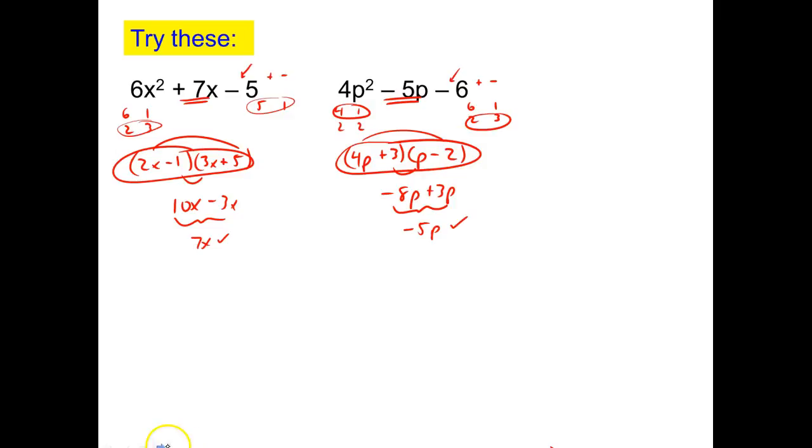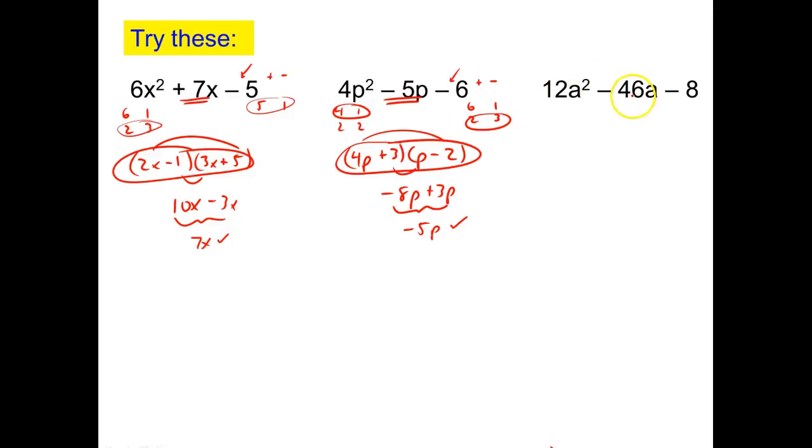And then finally, the most complicated one of the day. Looking at this monster, we have a lot of possibilities for 12 in the front and a few possibilities for 8 in the back. But one thing you need to consider on all of these problems is whether there is a monomial that can be factored out at the very beginning.